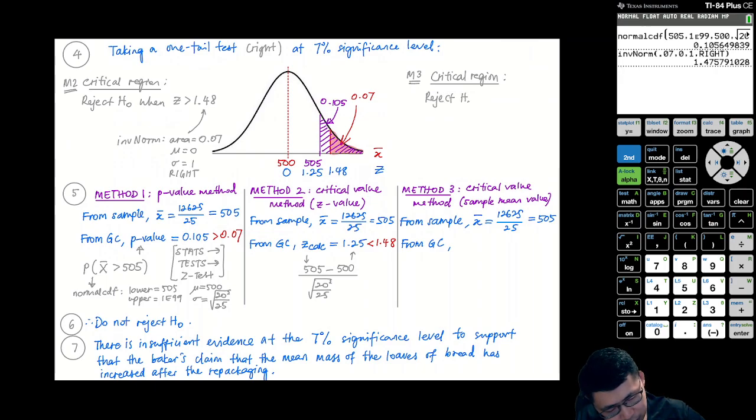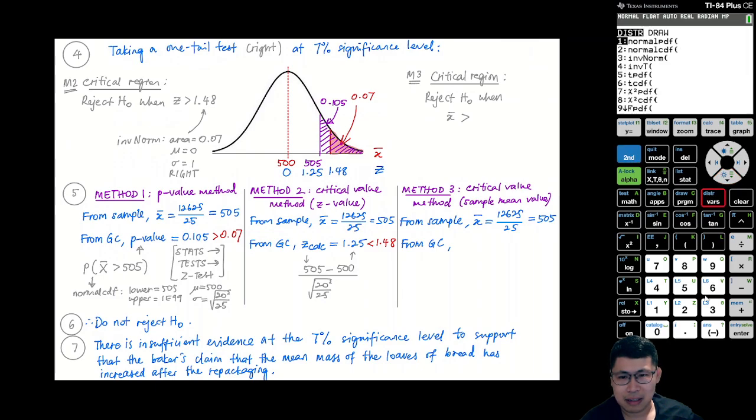We will need to reject our H naught when our x bar is greater than this number over here. So how do I get this number? I will need to look for inverse normal. I'm going to do the same as before, but the distribution is a bit different. I'm still looking for 7%, but I'm going to use the original distribution of mean 500 and standard deviation square root of 20 square divided by 25.